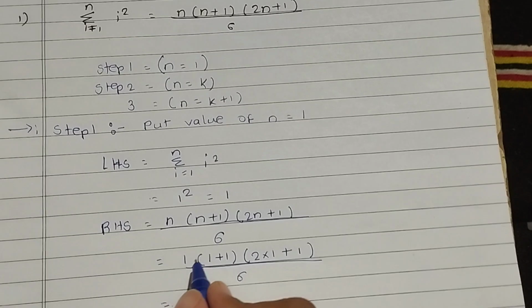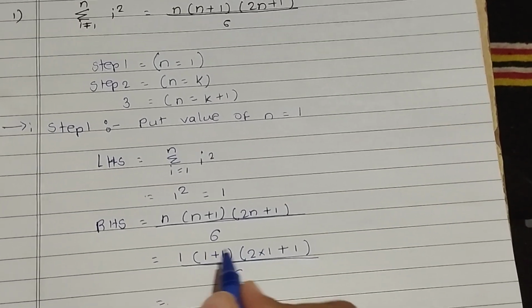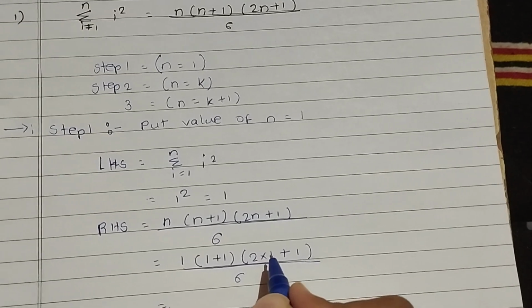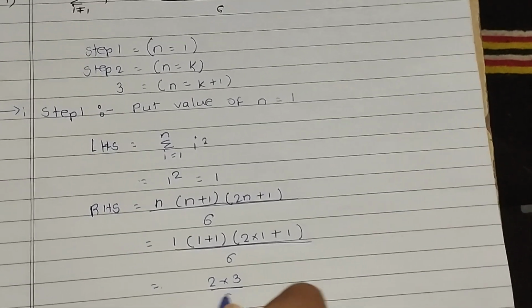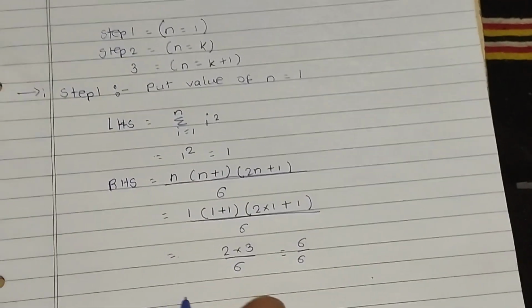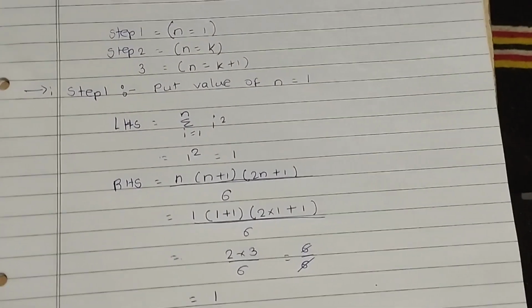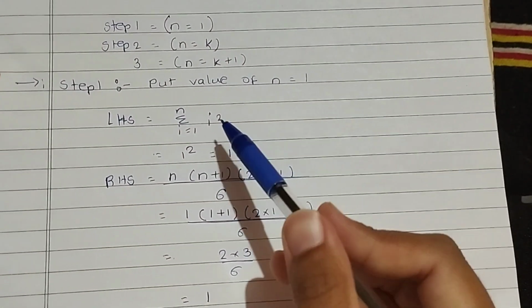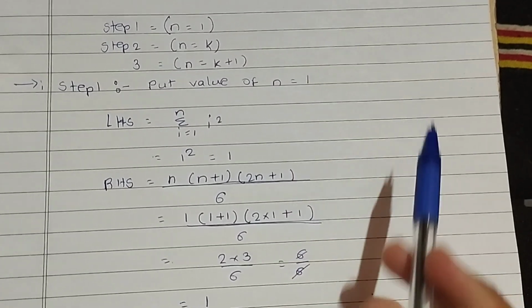So 1 into 1 plus 1 means 2. 2 into 2 plus 1, 3. So this is 2 into 3 divided by 6, which is 6 divided by 6, equal to 1. The 6s get cancelled. So we can prove LHS is equal to RHS when n is equal to 1.